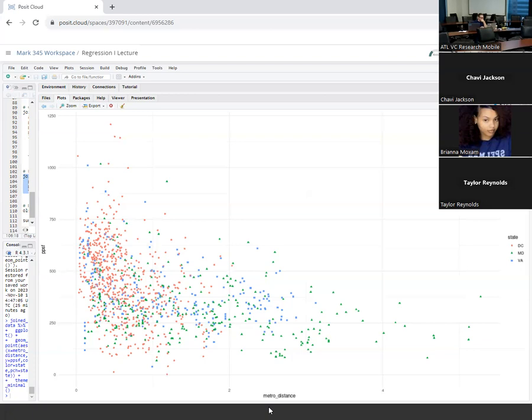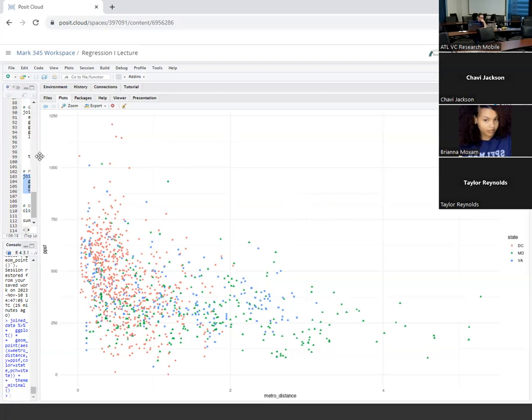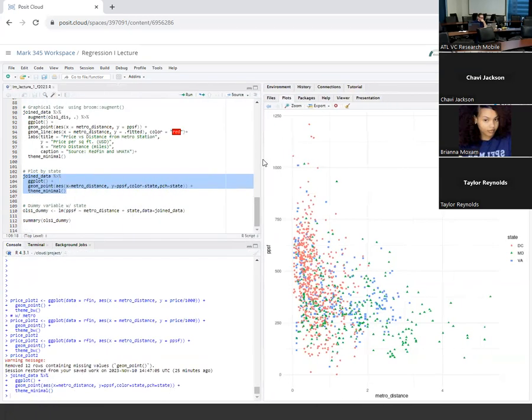If I've got a particular geographical area that's closer, like DC, as opposed to further away like Maryland, let's see if we can use that information to make better inference about the price per square foot's relationship with the metro distance.